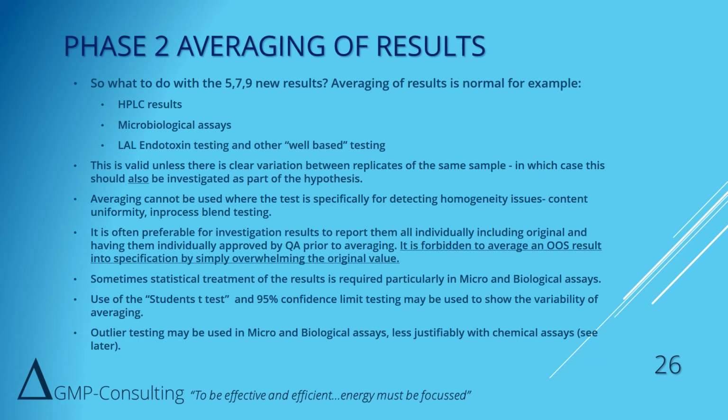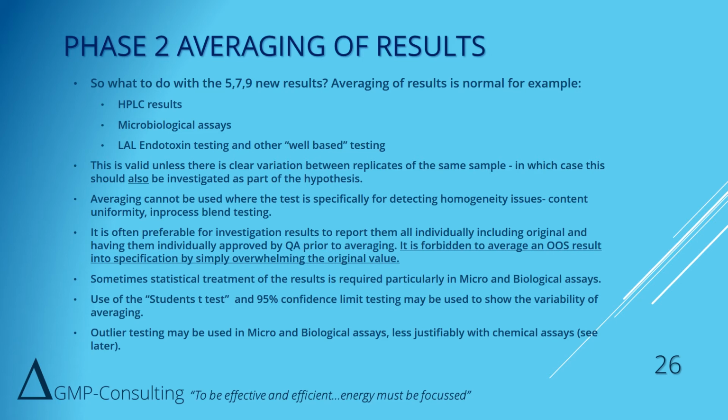A lot of the problems with out of spec investigations, and the ones that auditors regularly pick up on, is inappropriate averaging of results. So assuming you've gone through phase 1A, B, 2, and you now have a set of numbers, what do you do with the results? Averaging is normal with HPLC results and microbiological assays, and for example well-based LAL testing.